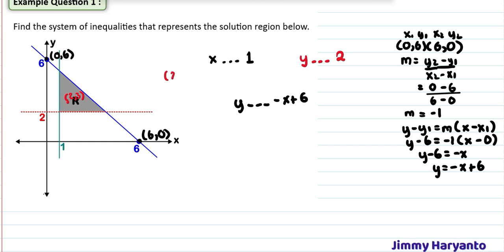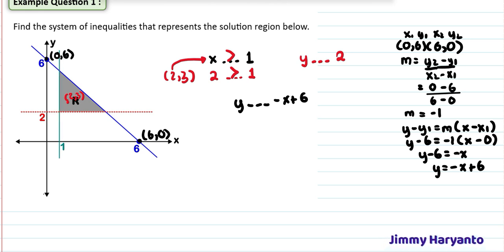If I input it into the first expression, I will have 2, blah blah blah, 1. We already know that 2 is greater than 1, so this one must be greater than 1. And because the line is a straight line, you have to put equal to into the inequality. This is how you determine the less than or greater than.